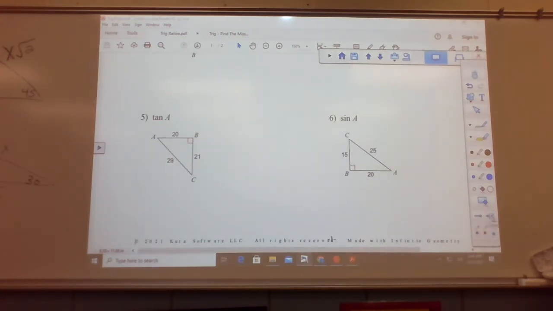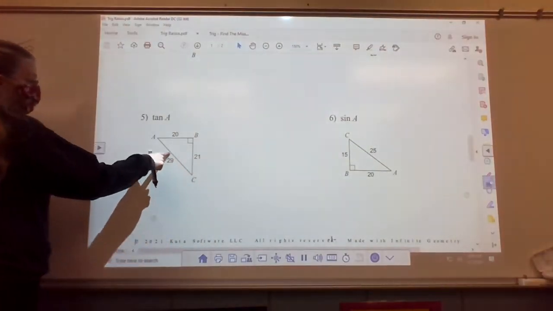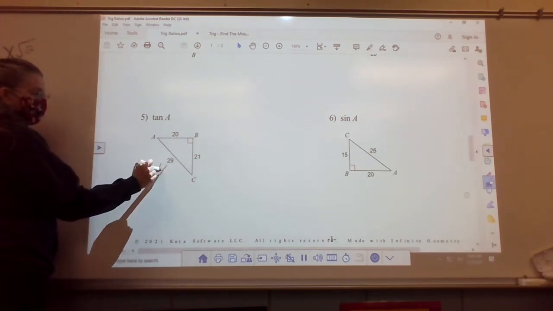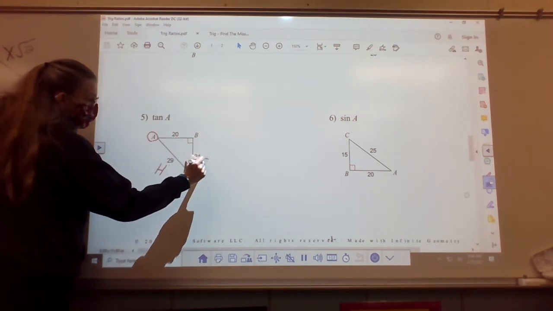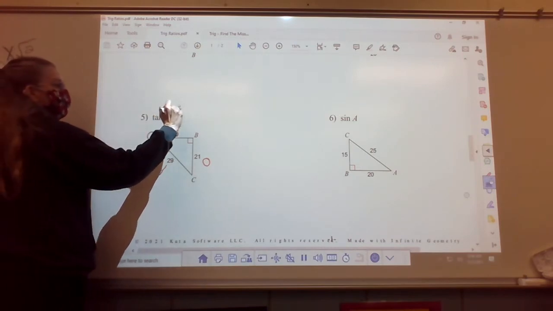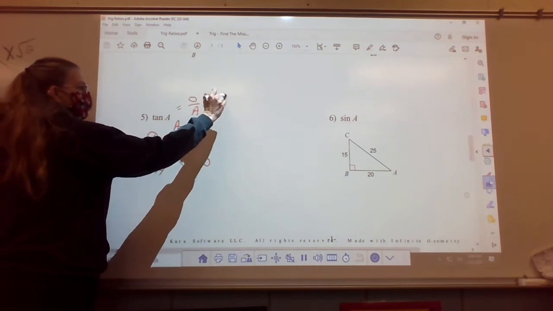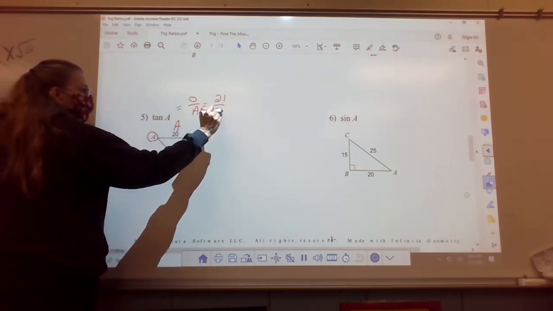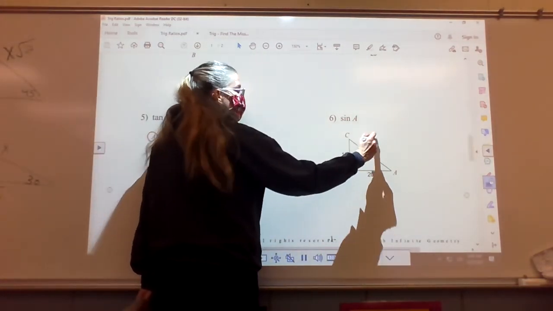5 and 6. Mark your 3 sides. Longest side is H. I'm standing at A, so if I walk across the triangle, O, then A. So there's my 3 sides. Tangent, opposite, adjacent. Opposite is 21, adjacent is 20. The last one then is another sine. Mark your hypotenuse, longest side.